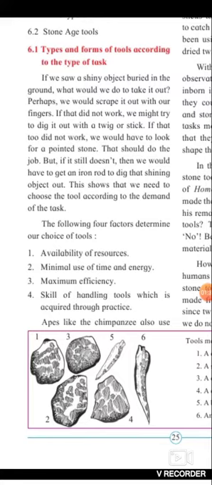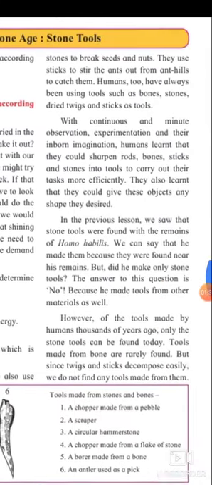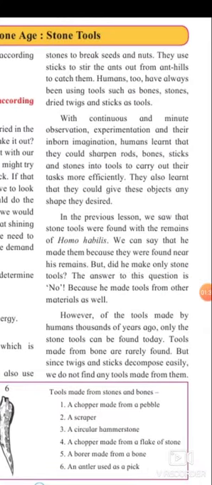Apes like the chimpanzee also use stones to break seeds and nuts. They use sticks to stir the ants out from the ant hills to catch them. Humans, too, have always been using bones, stones, dried twigs, and sticks as tools.